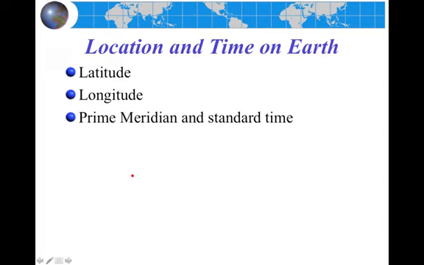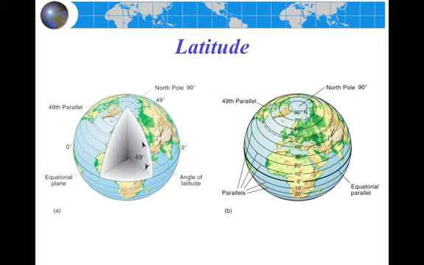Make sure you know about latitude and longitude. Two very important concepts, because they allow us to give an absolute location, a point, for anything on the surface of the Earth. And time is related to that, which I'll show you in a second. So latitude is just angular distance north or south of the equator.